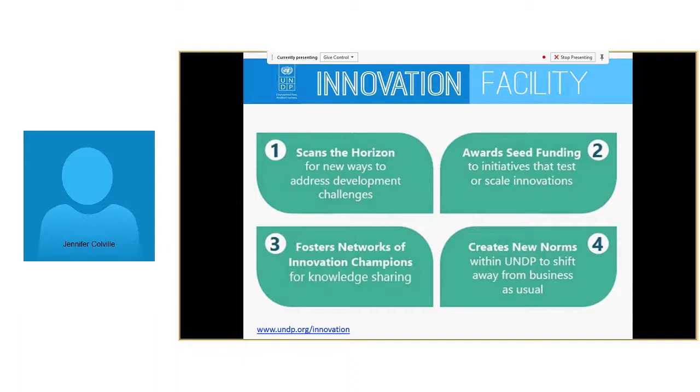You can see on this slide the scope of work, or the kinds of activities, that the innovation facility does. It's really first and foremost about looking out at the horizon, and sometimes beyond the horizon, to the best of our ability to find new ways of doing development.